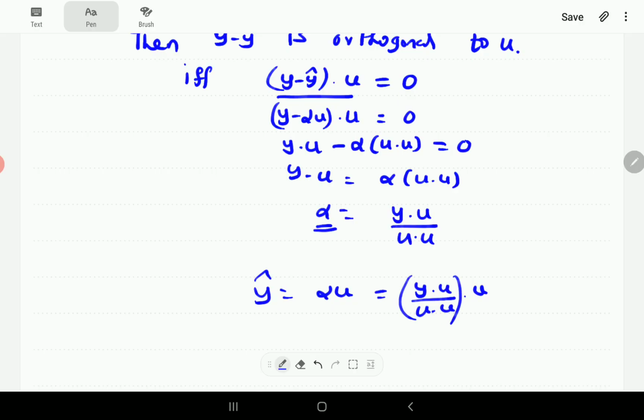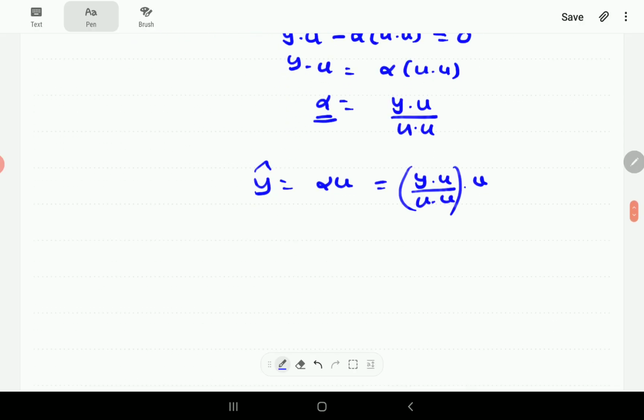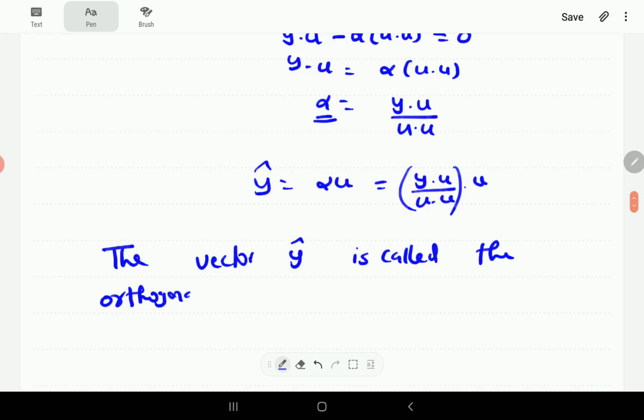This vector y cap is called the orthogonal projection of y onto u.